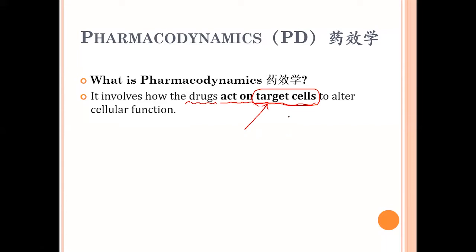That means how the medication works. That aspect we call PD. So when we talk about pharmacology, we talk about two aspects. One is how the drug is metabolized inside the body. The second is how the drugs work on the target cell. Those are the two main things we need to discuss.